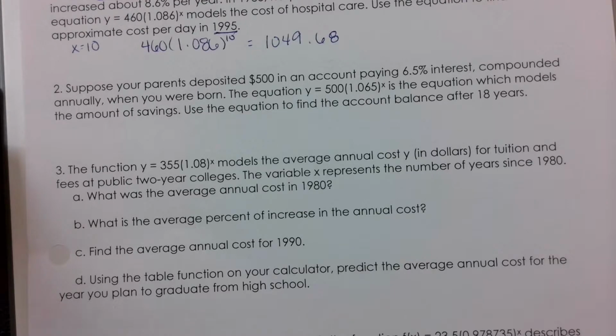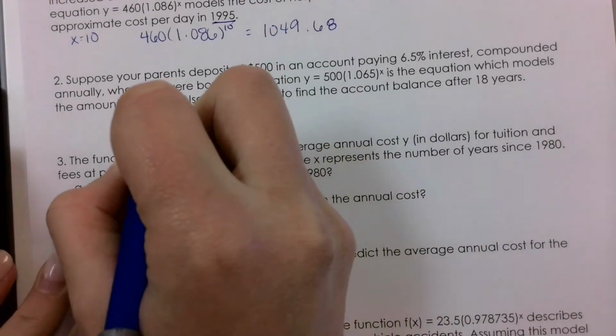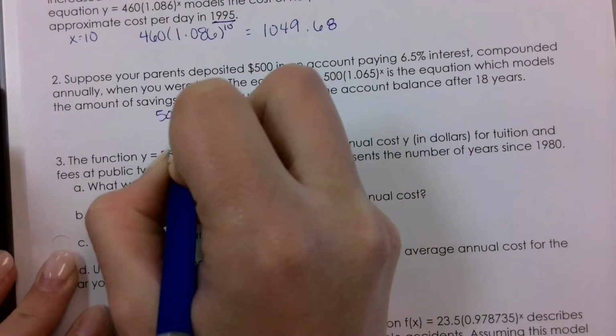So the next one, suppose your parents deposited $500 in an account paying 6.5% interest compounded annually when you were born. Here's your equation. It models the amount of savings. So use your equation to find the balance after 18 years. How are we going to do that? Just plug in 18. I put too many zeros.